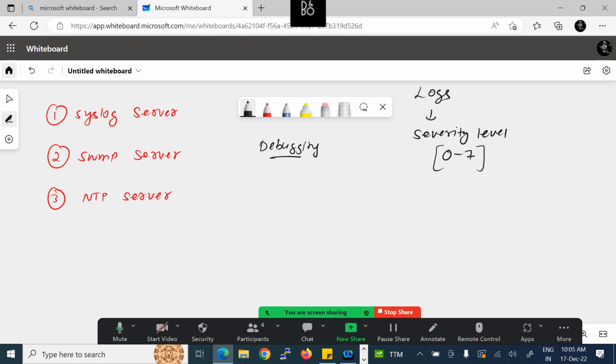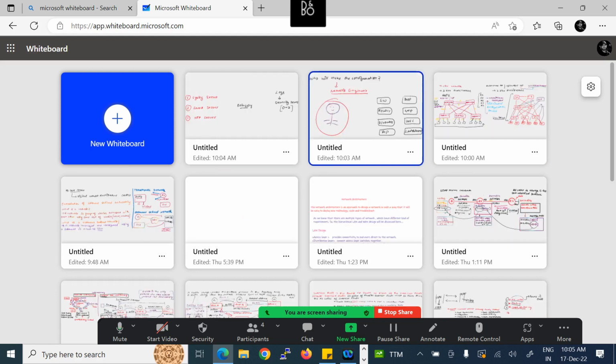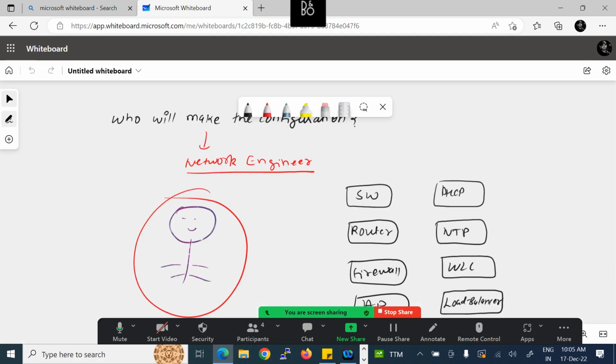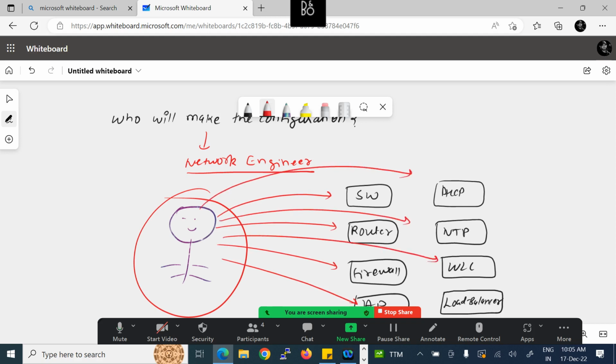And the only approach we are following is the traditional approach, where we have a network engineer and that network engineer is responsible to make the configuration on switch, router, firewall, AP, DHCP, NTP, WLC, and load balancer, right? So we have to change this approach.